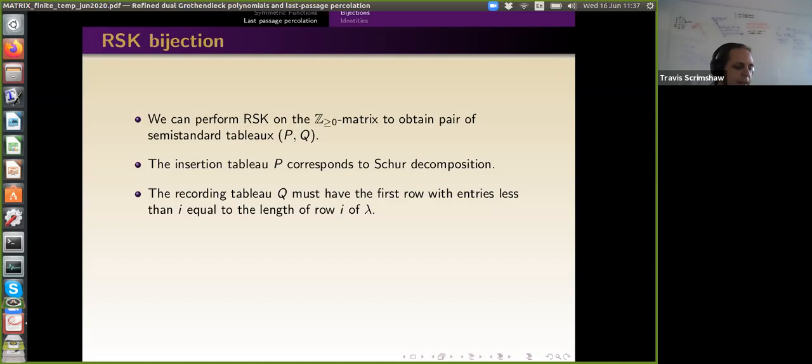Because what you get is a recording tableau of the same shape, but you're going to have conditions on it coming from the shape lambda of the reverse plane partition. In particular, in the first row, the number of entries less than or equal to i has to equal lambda i.